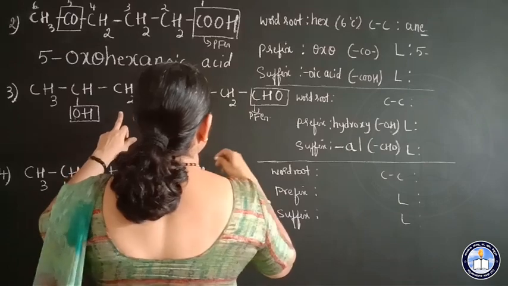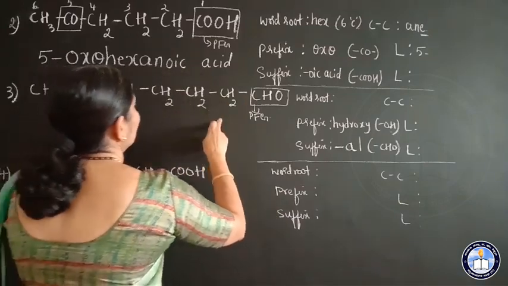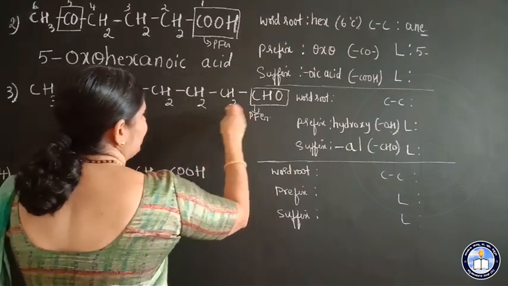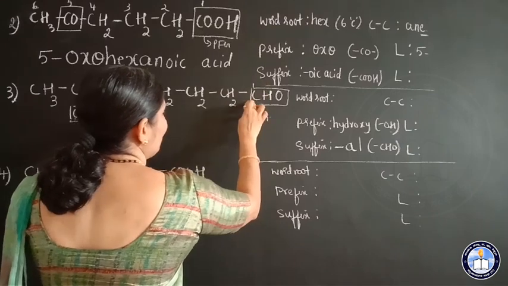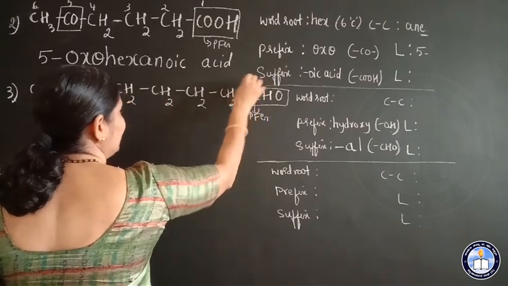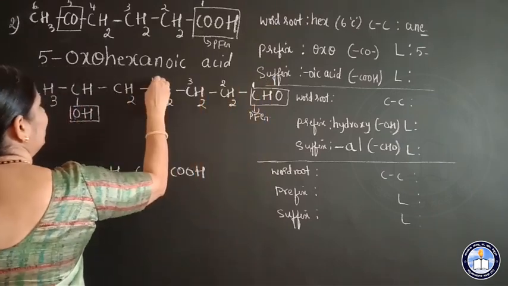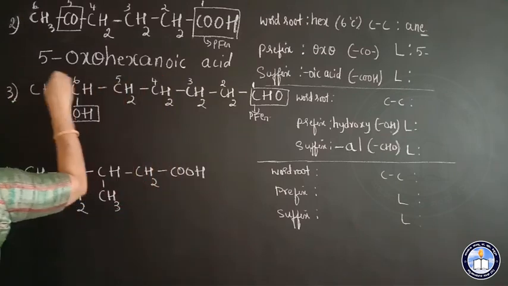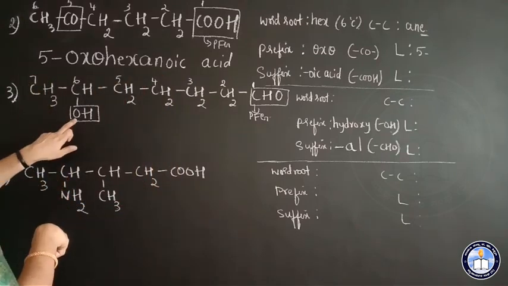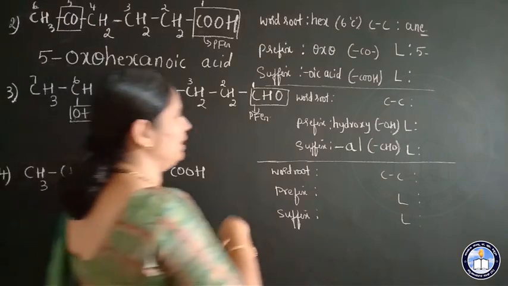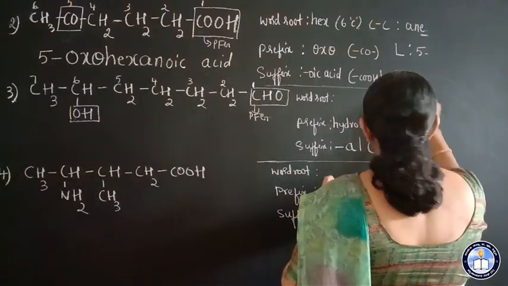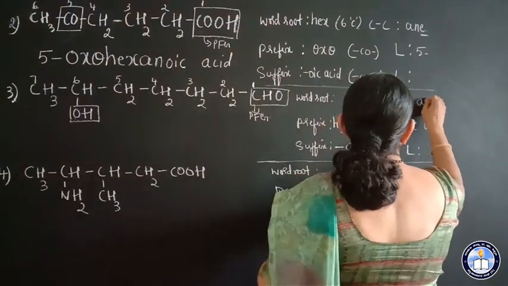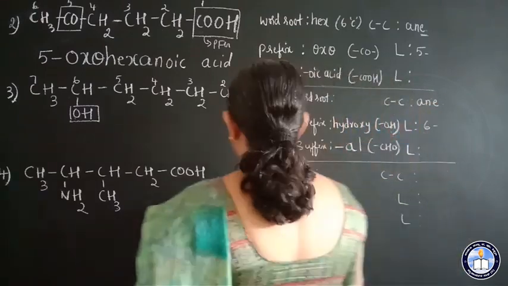Now we will number the parent chain. The carbon atom of CHO is assigned 1, then 2, 3, 4, 5, 6, 7. OH is attached to the 6th carbon atom, so the locant is 6. All carbon-carbon single bonds, so ANE.